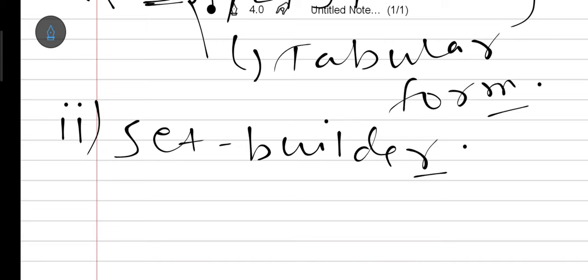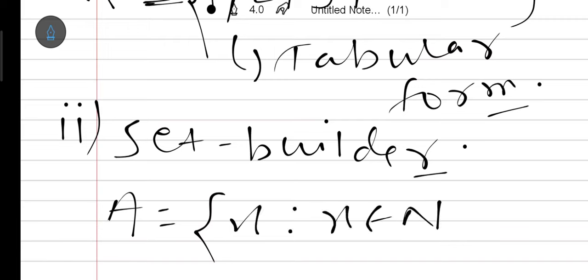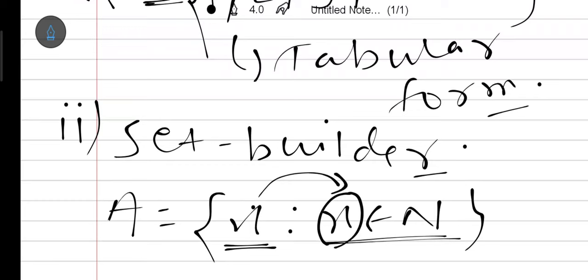So if we have to represent a set in set builder form, then A is equal to x, where x belongs to N. Here we have given a definition to this x. So now we don't have to write 1 2 3 4. We have just given a definition to this set: x belongs to natural numbers.